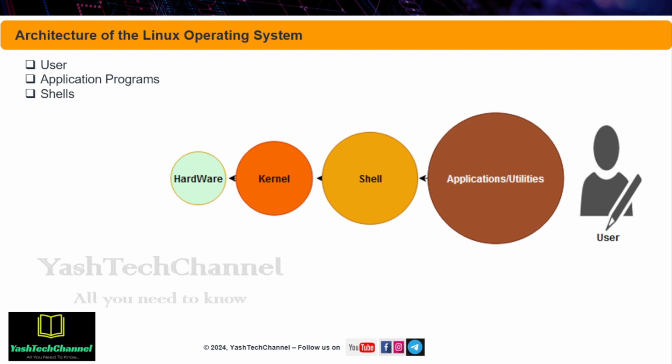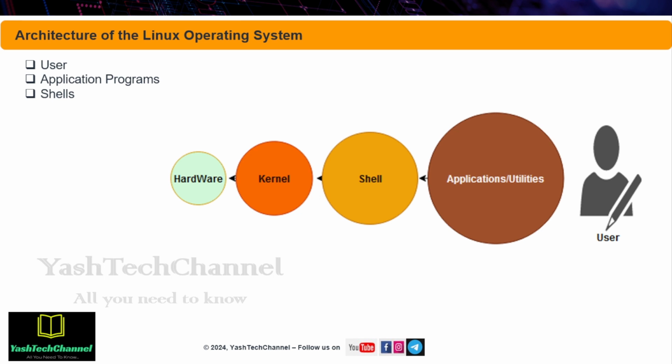That's all about the shell. If somebody asks what is a shell, it is a command line interface that allows users to interact with the operating system by typing commands. You as a user need to run a command, then only will you interact with your operating system. That conveys the message to your operating system, then falls into the Linux kernel. The Linux kernel is the core operating system.